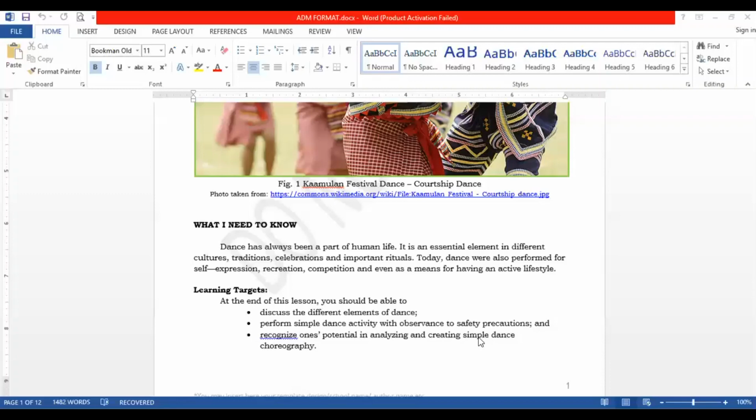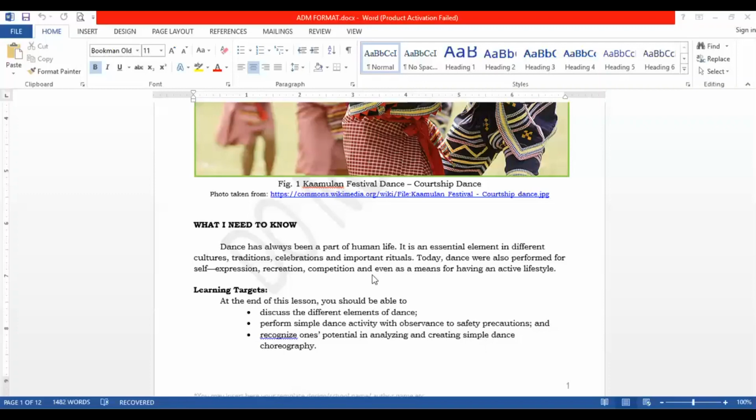No? So, yeah. So what I need to know part, look at my introduction here. Tatlong sentences lang. Okay? Dance has always been a part of human life. It is an essential element in different cultures, traditions, celebrations, and important rituals. Today, dance were also performed for self-expression, recreation, competition, and even as a means for having an active lifestyle.